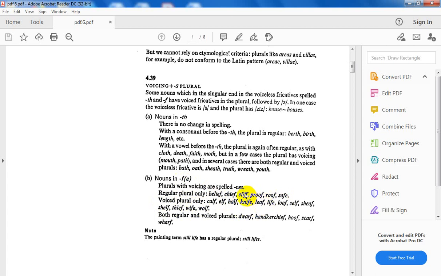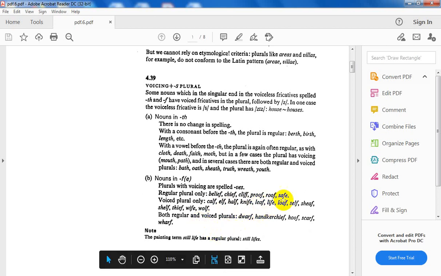Okay. Voiced plural only: calf, calves, elf, elves. This f will be changed to ves, from voiceless f to voiced. Calf, calves, elves, halves, knife, knives, leaves, lives.